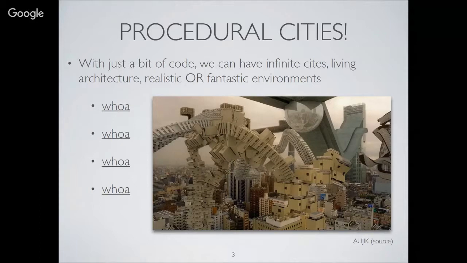Basically, if we can figure out how to combine the basic building blocks in an interesting geometric way, we can produce living architecture in infinite cities as realistic or as fantastic as we want, which is incredibly powerful and very striking.